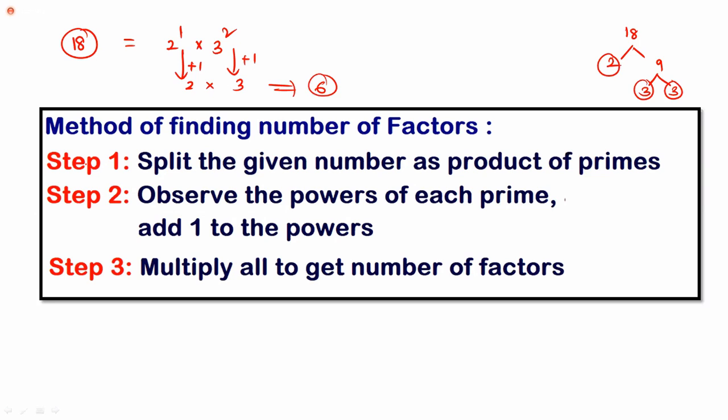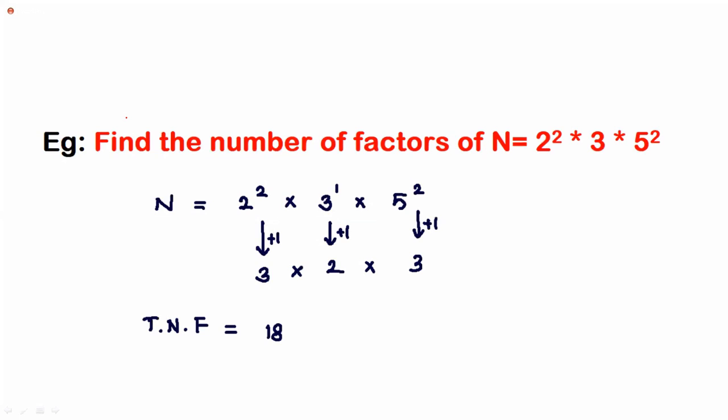That is the 3-step procedure which I have mentioned. The first step: whatever the given number is, write it as a product of prime numbers. Observe the powers of each prime number, add 1 to each power, and multiply all of them to get the answer. For example, if the question is what is the total number of factors for this number: we see 2 power 2 into 3 into 5 power 2.